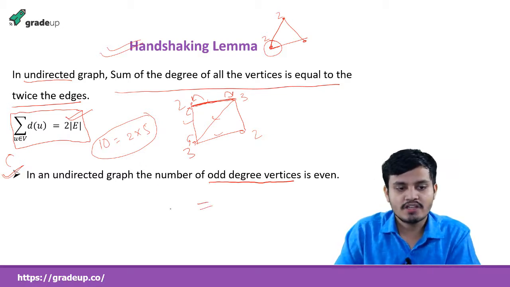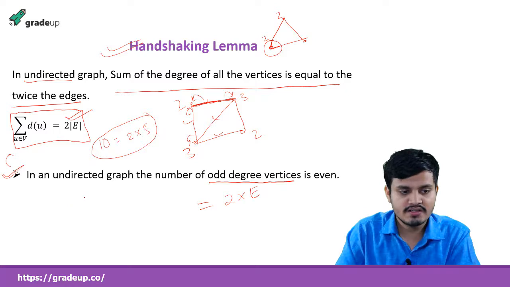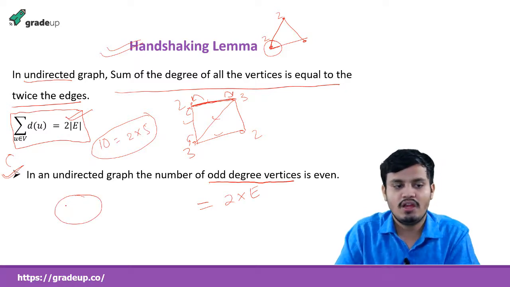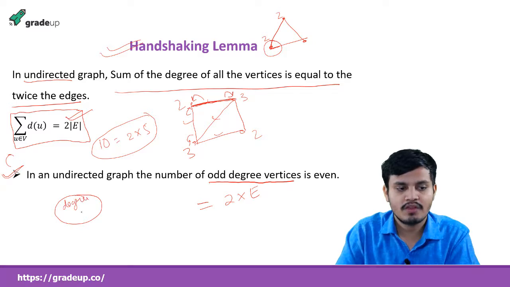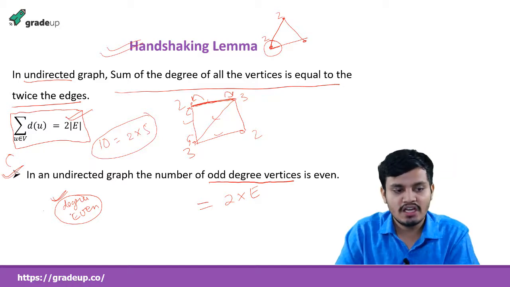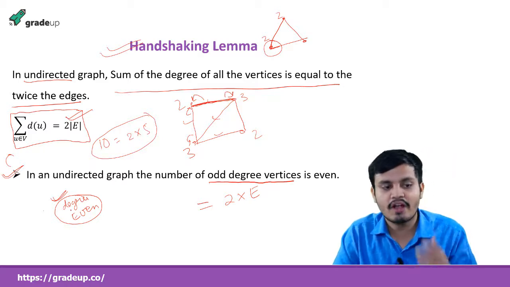We know that the sum of all degrees is equal to 2e, and there are some vertices whose degree is even. Suppose there are such vertices, whatever the sum, you do it: the sum of degrees of such vertices whose degree is even.